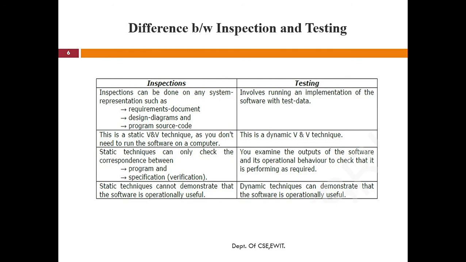Whether the software is useful or not will not be determined in the inspection stage, so we don't get any exact idea about the software. Whereas testing is a dynamic technique, and by using it we can identify whether the software is operationally useful or not.